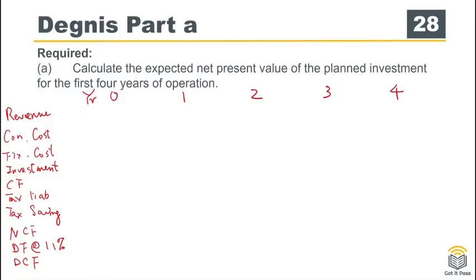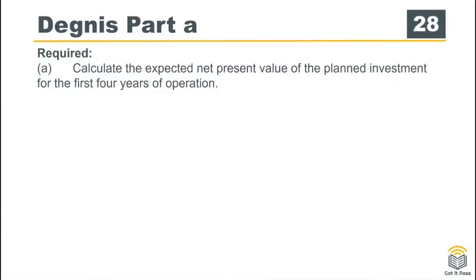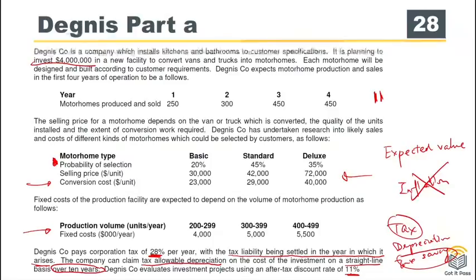And first of all, we need to work out the revenue. The first working is we need to work out the revenue. But before working on the revenue, here is a bit tricky, because how does the revenue come about? It's coming from the selling price, right?